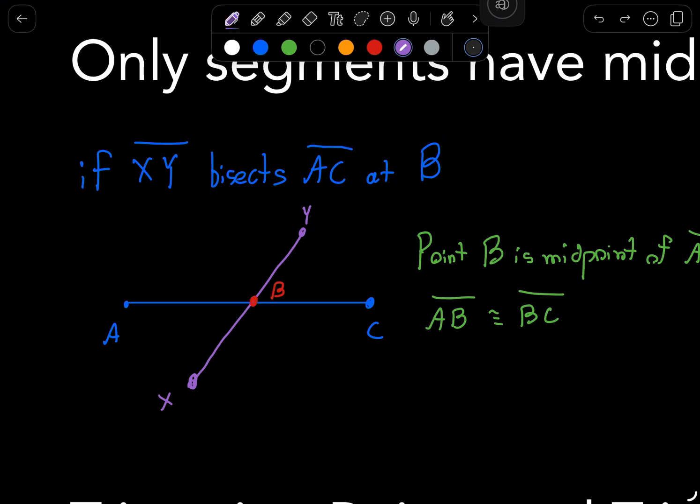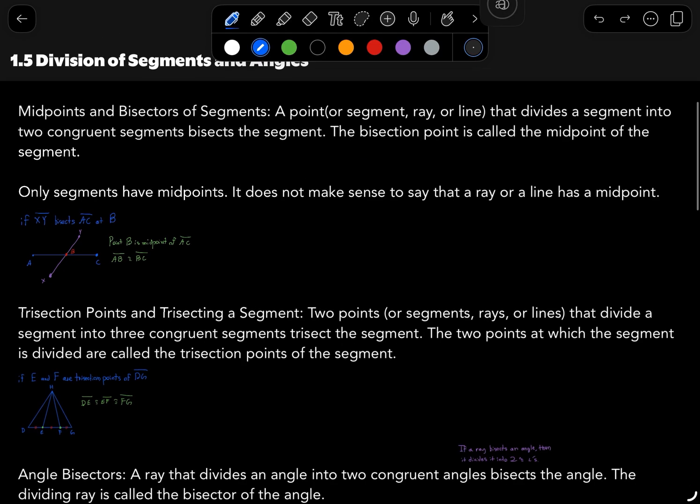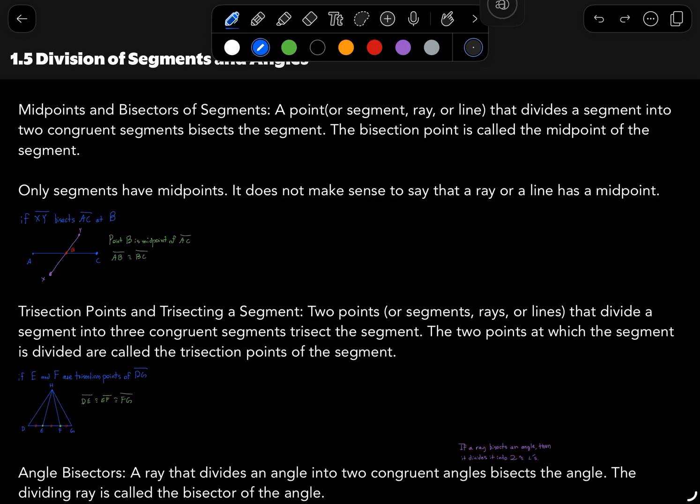A common misconception is that XB and BY are congruent. That's not true, because remember, AC is the segment being bisected, not XY. XY is doing the bisecting. Just a side note, only segments have midpoints.